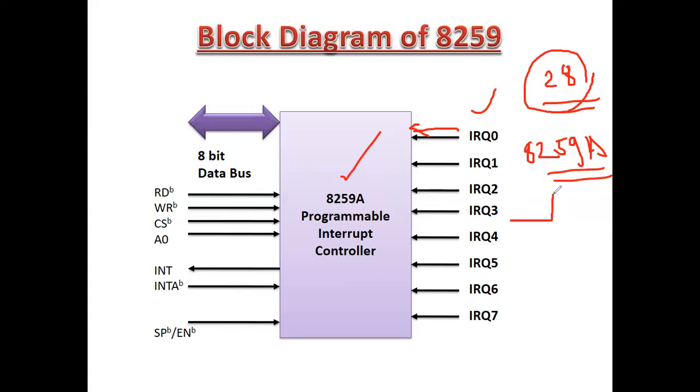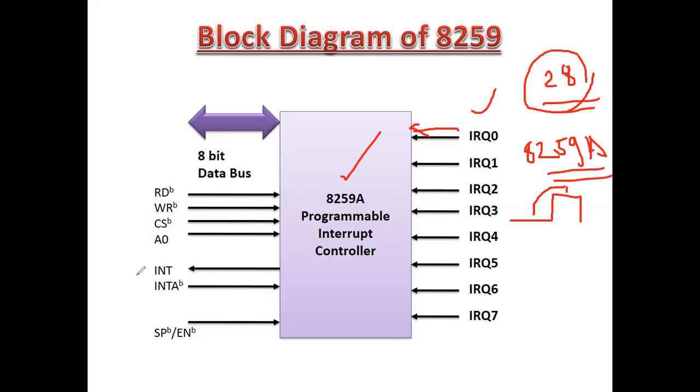When a high signal is given, if there is a transition from low to high at this pin, it means this pin gets activated and interrupt service is requested. So these IRQ pins are the interrupt requests.